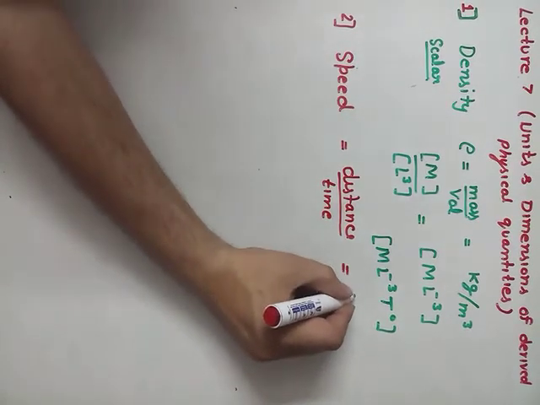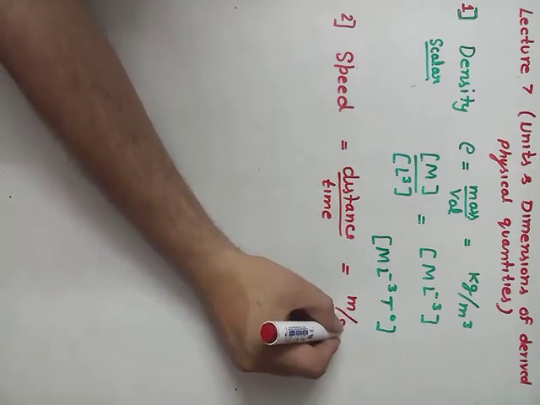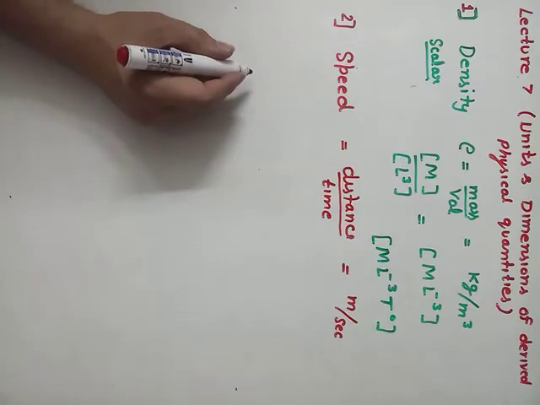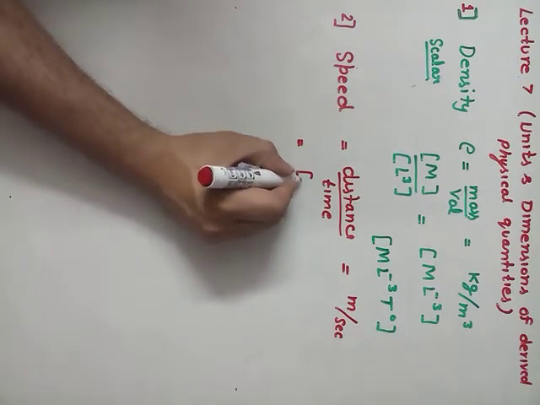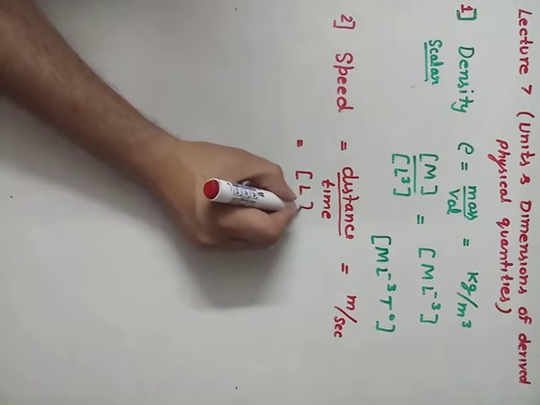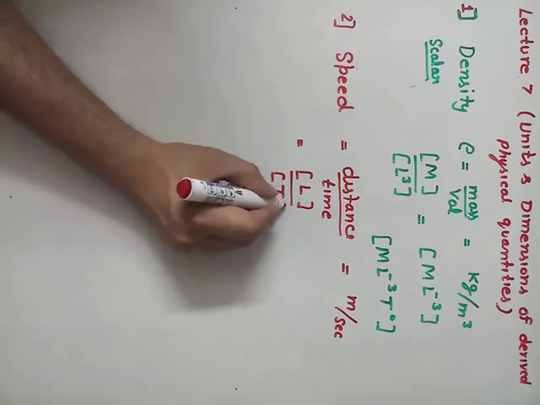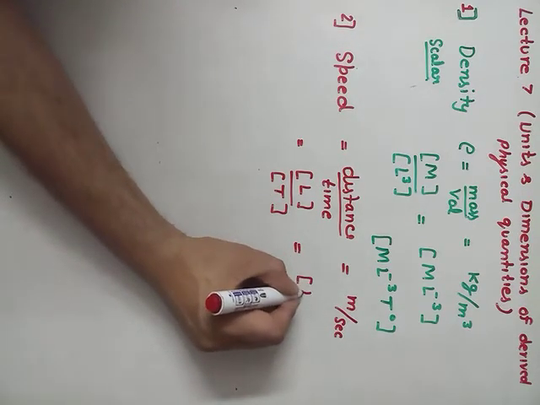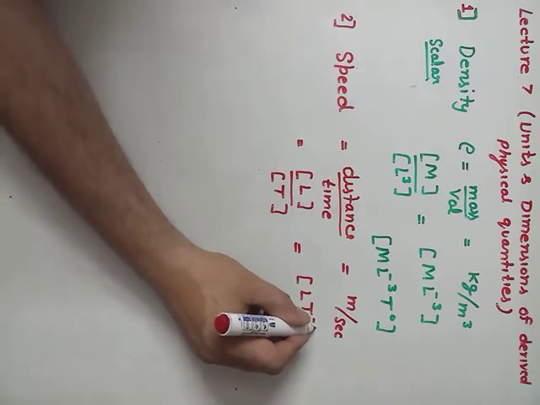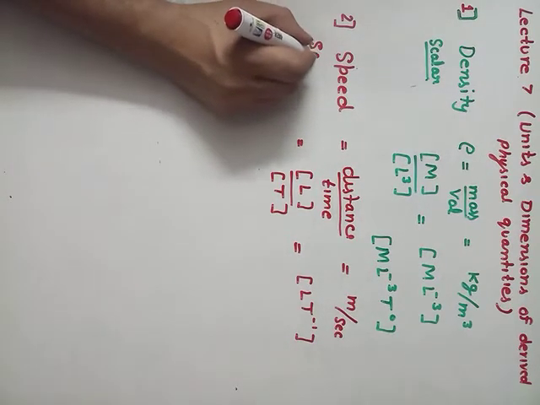Unit of distance is meter and that of time is second. Dimension of distance is measured in terms of length L and that of time is T. Therefore, we get its dimension as LT^-1, and it is also a scalar quantity.